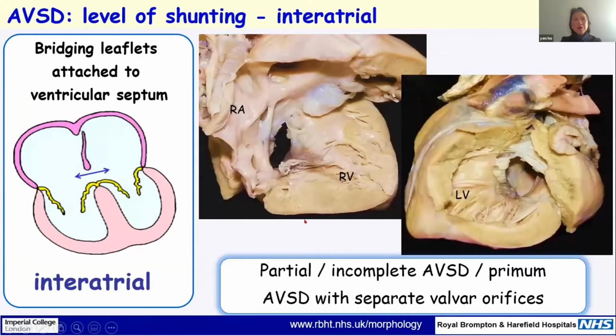And now moving on to the levels of shunting, owing to the differences in arrangement of the superior and inferior bridging leaflets. For instance, in this case, we see that the superior and inferior bridging leaflets, from both the right ventricular and left ventricular aspects, are plastered down onto the crest of the ventricular septum, meaning that we have communication potentially at the level of the atrial chambers.